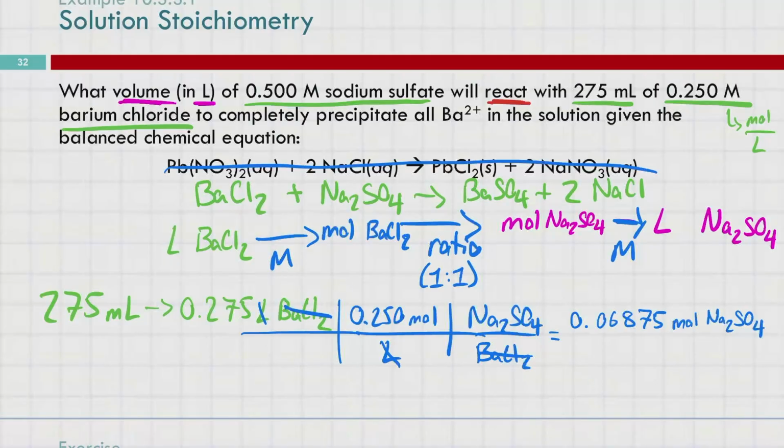How can we go from moles to liters with molarity? Do we multiply or divide by our molarity? Any ideas? We divide. So 0.06875 moles Na2SO4 divide by our molarity, since it's moles over liters.